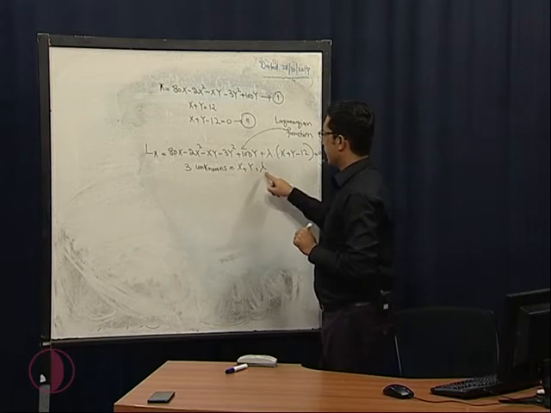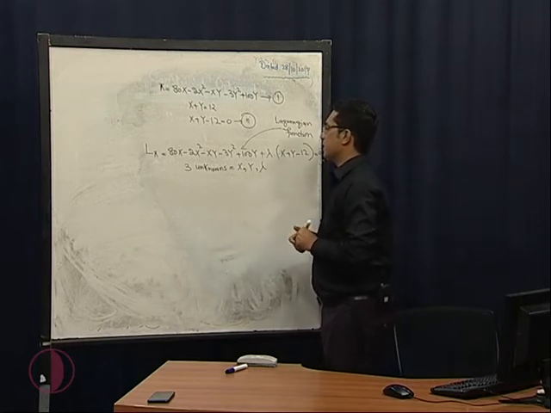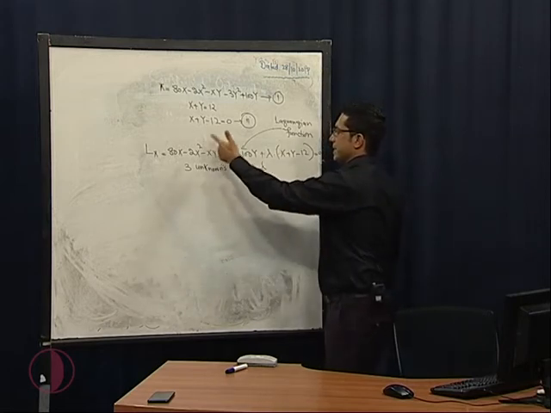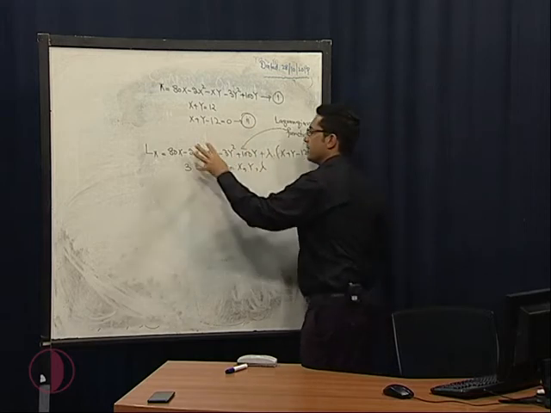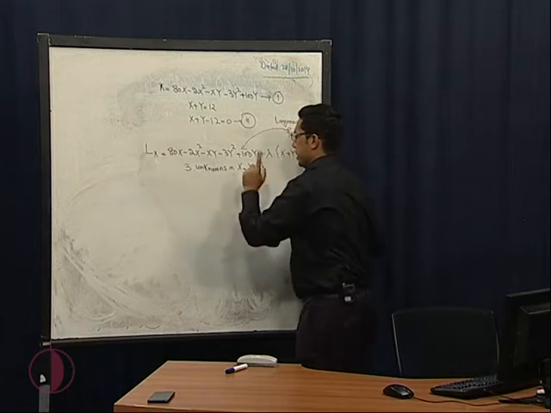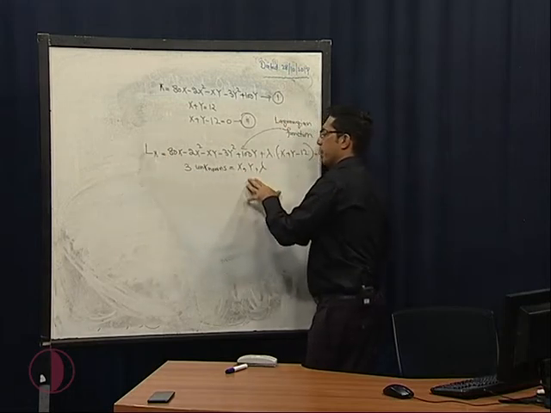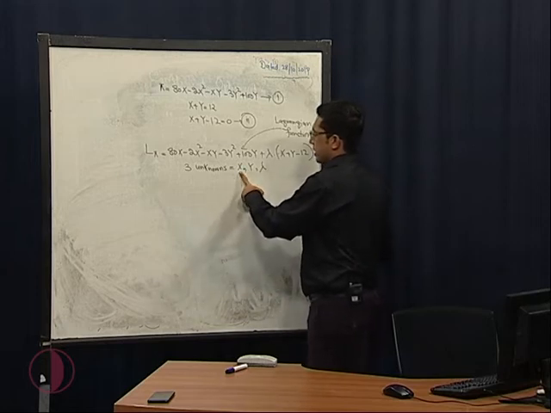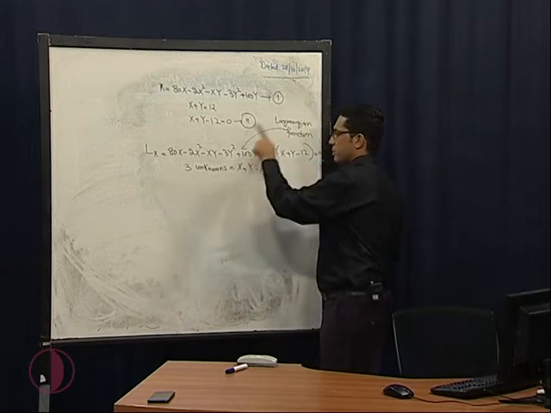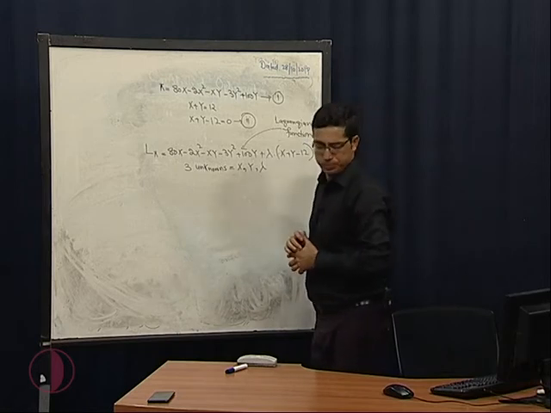So, we will solve the Lagrangian function for x, y and lambda. We need to find the value of x, y and lambda from the Lagrangian function.